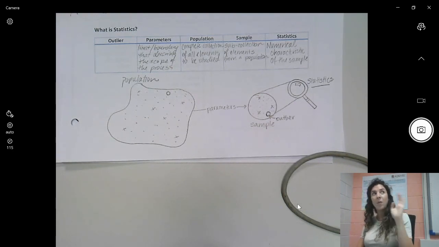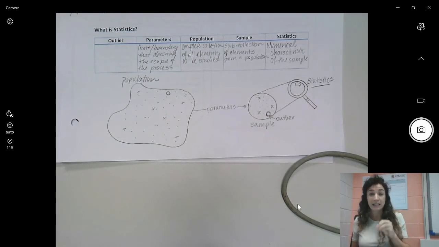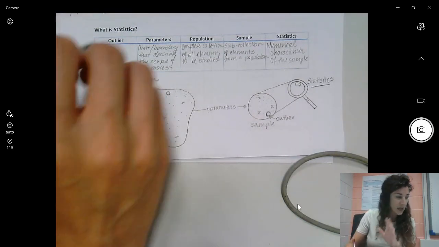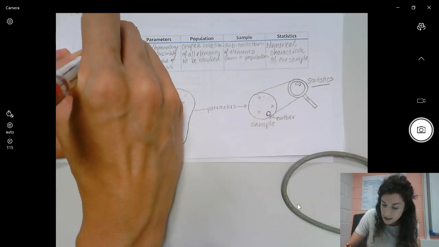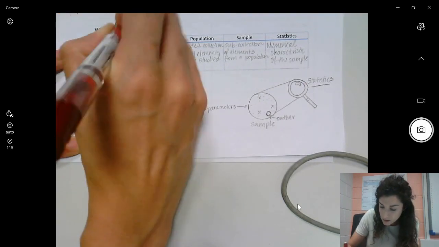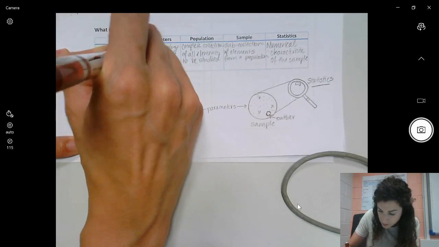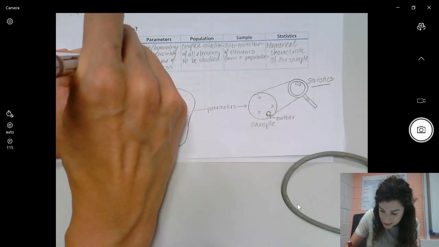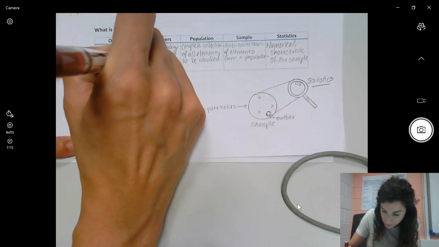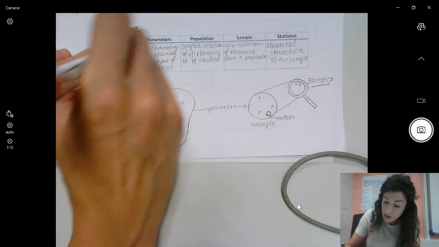We're going to talk a little bit later about what actually is an outlier and what statistically and technically and mathematically qualifies something to be an outlier later. But for right now, we can think of it as a singular piece of data that distracts from the rest of the data.